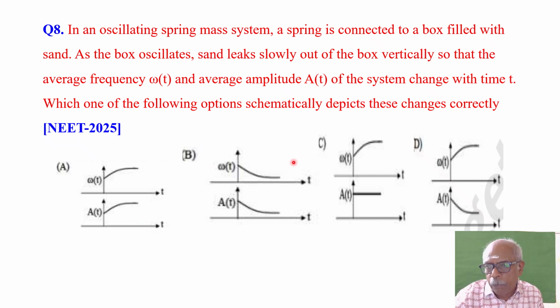In option B, both decrease with time t. In option C, omega t increases with time and amplitude remains constant. In option D, omega t increases with time and amplitude decreases with time. Which one is the right answer, sir?